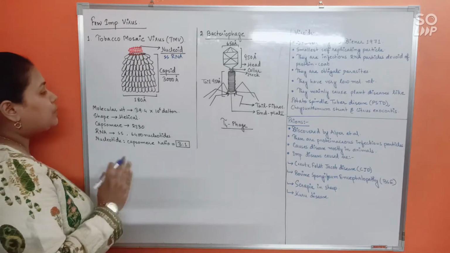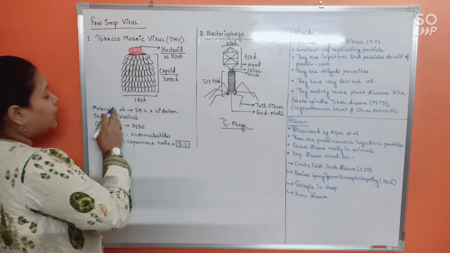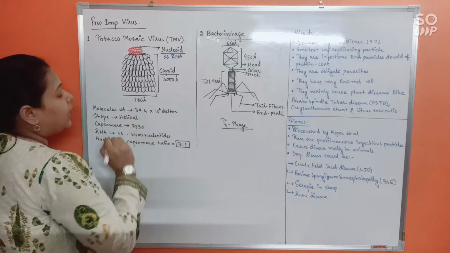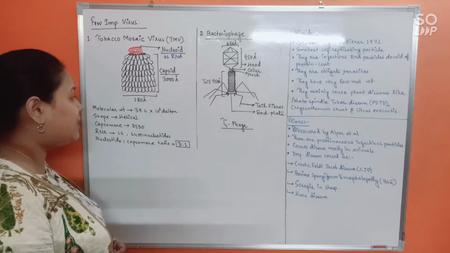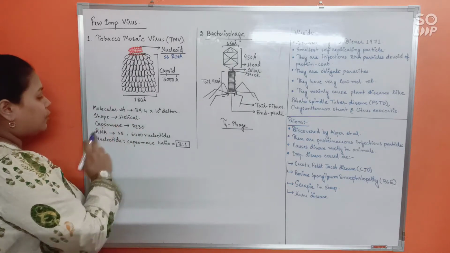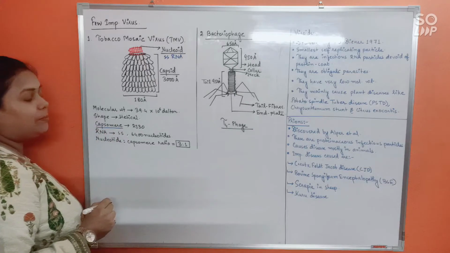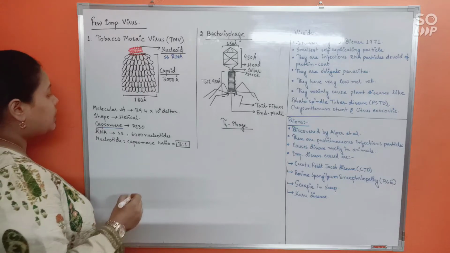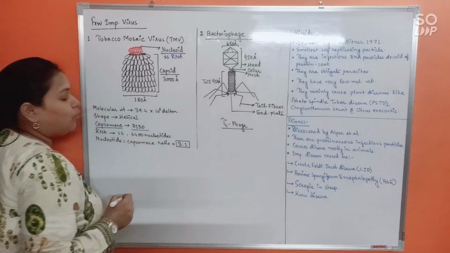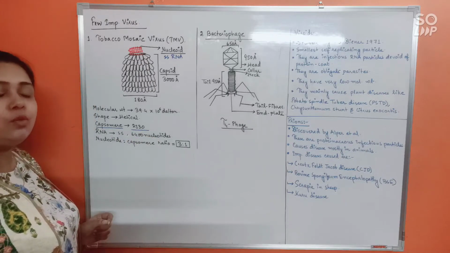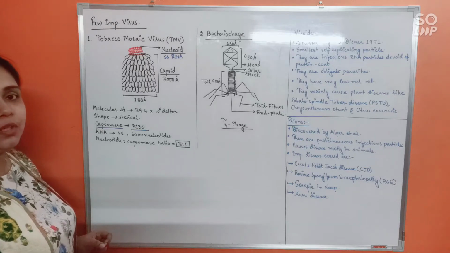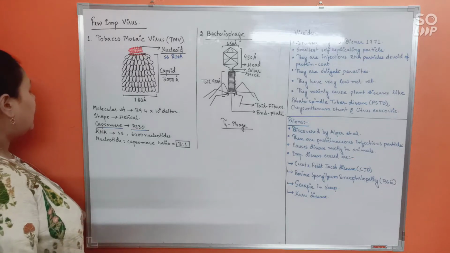Now to be more specific, the molecular weight of the virus is 39.4 into 10 to the power 6 Dalton. Shape is of course helical as I've told you. Now, the number of capsomeres that make up the capsid, that's important, is 2130. Okay, 2130 capsomeres make up the capsid.